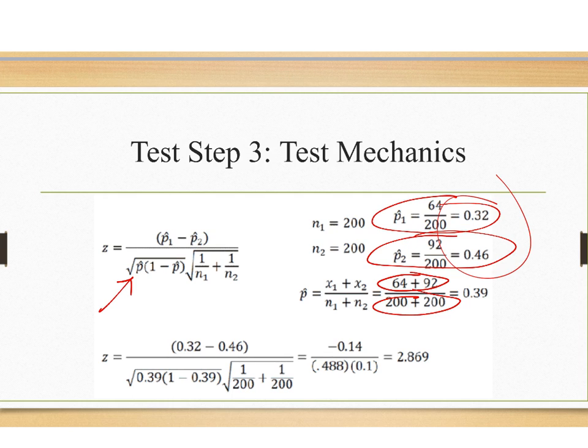The 32 and the 46 were in the numerator, but the 39 was in the denominator. Sometimes you'll see this as two roots, and sometimes you'll see it all under one root, which would just be a multiplication of 1 over 200 plus 1 over 200 to go along with the 0.39.